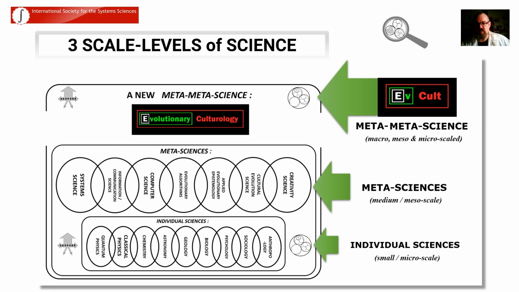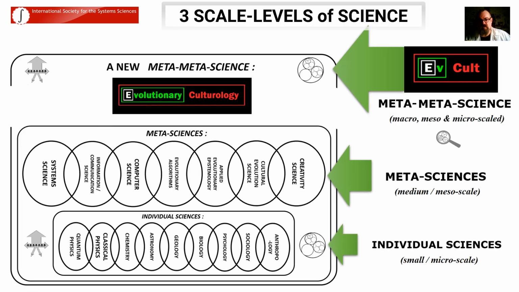Next. Again, there's your 3 levels, and there's system science. So definitely a meta-science in those terms. Next. Once again, there's system science. Some of the other meta-sciences are information and communication science, because all systems exchange information, which is communication.